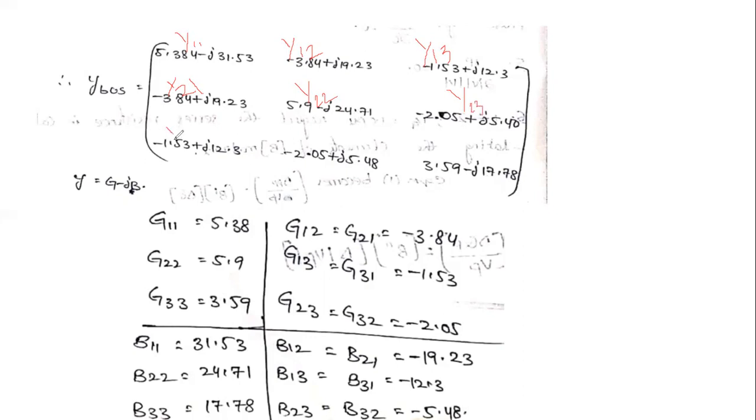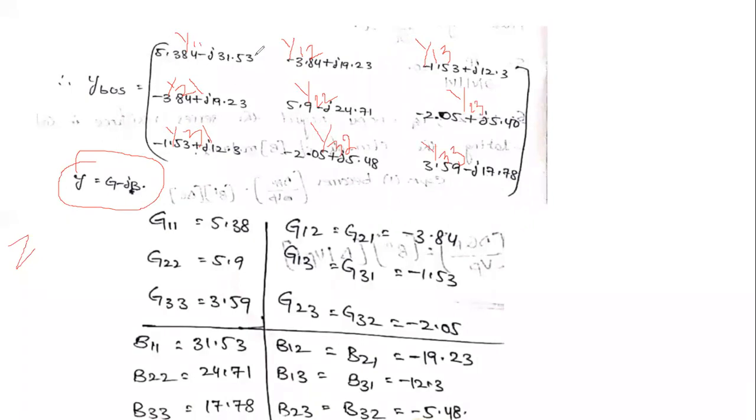Next, Y31, Y32, Y33. Normally Y is equal to G minus jB, and Z is equal to R plus jX, same as Y is equal to G minus jB.